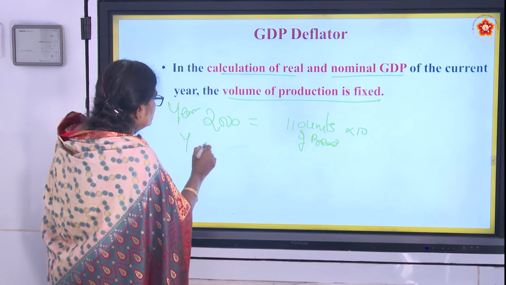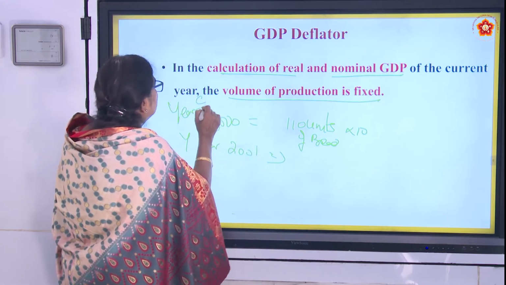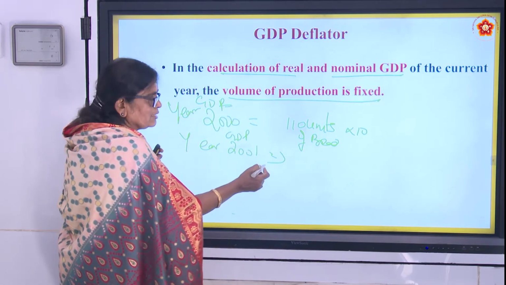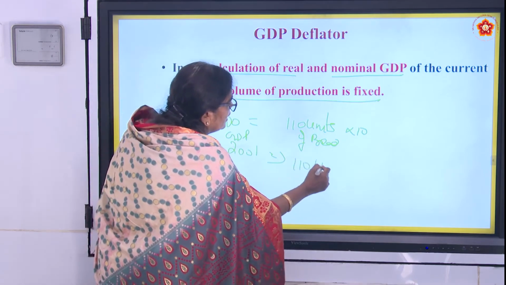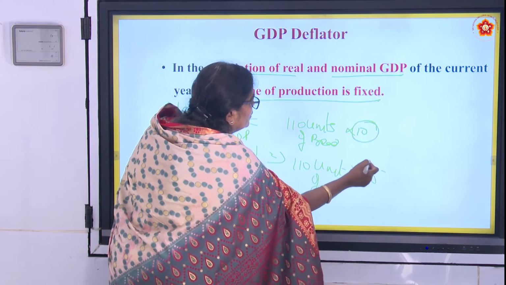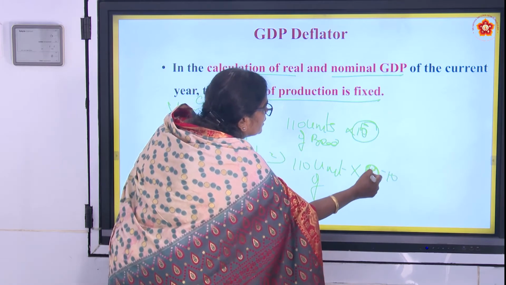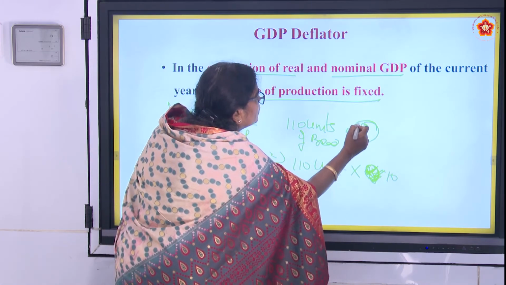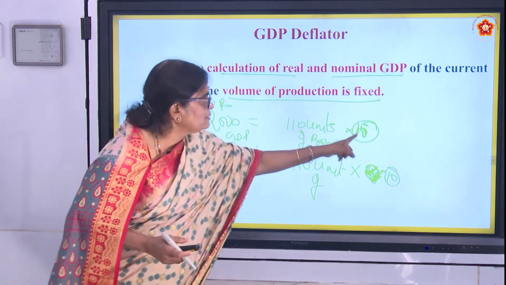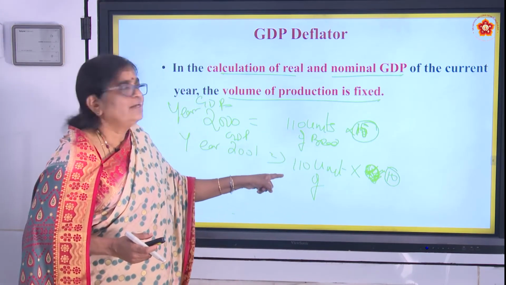Then in both year 2000 and 2001, when we calculate GDP 2000 and GDP 2001, this is nominal GDP, this is real GDP. Here also it is the same 110 units of bread, but only the price changed. Therefore, this 15 is the nominal price, this is the base year price. Only the price changes from 15 to 10, but the volume of production didn't change. That is what they are telling.